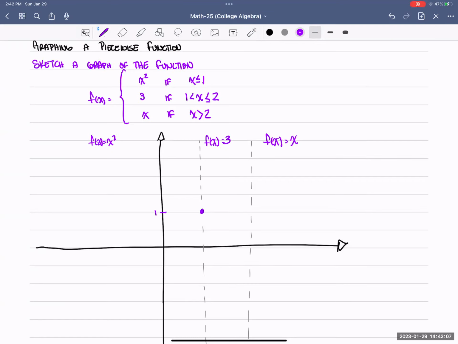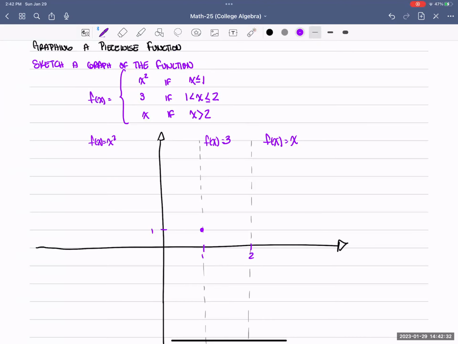So I'll call this 1, this is 1, and this is 2. Let's fix the scale. We'll say 1's down here. Also notice that at this point, we're at our boundary, and at our boundary, we're less than or equal to.